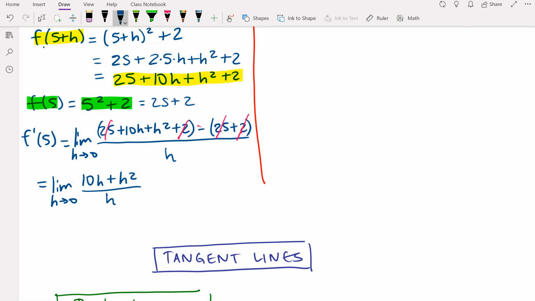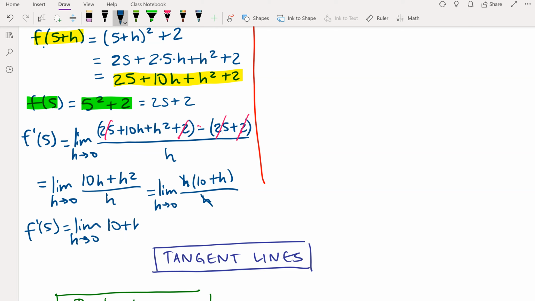You can factor out an h, so equals the limit as h approaches 0 of h times 10 plus h over h. Cross those out, and we're almost done. f prime of 5 equals the limit as h approaches 0 of 10 plus h, which equals, solved by substitution, 10 plus 0, because it's a limit, equals 10.